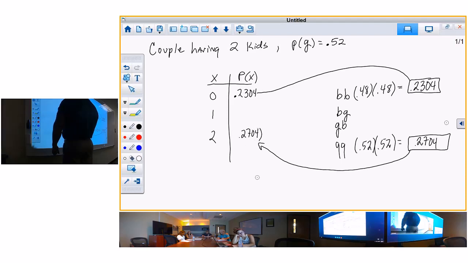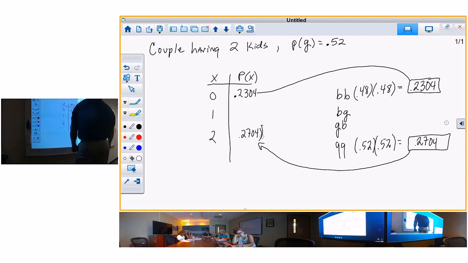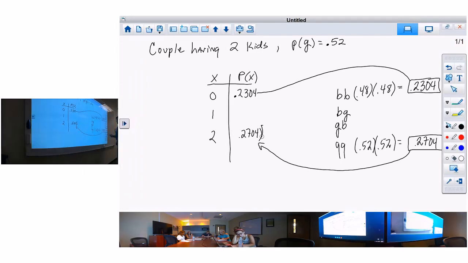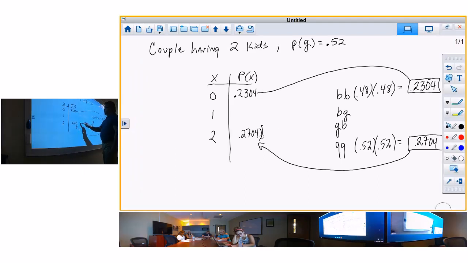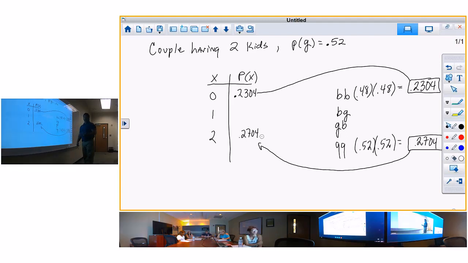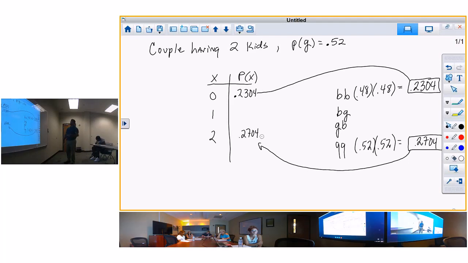Now somebody tell me what's unique about the boy-girl and the girl-boy. Multiplication is commutative. So are you going to get the same answer for both? Yes. 0.48 times 0.52 is the same as 0.52 times 0.48, just like 2 times 3 is the same as 3 times 2.